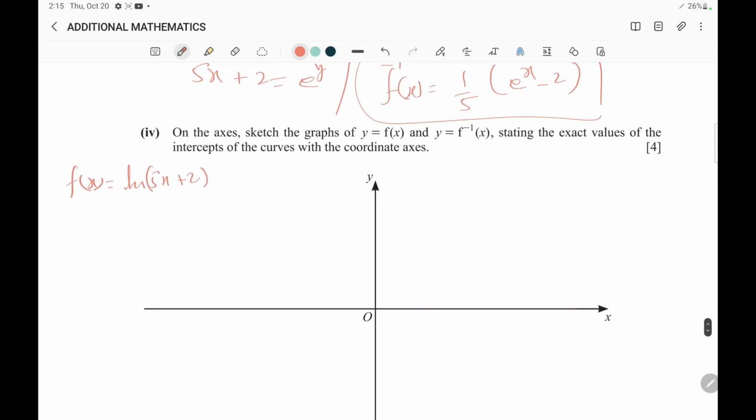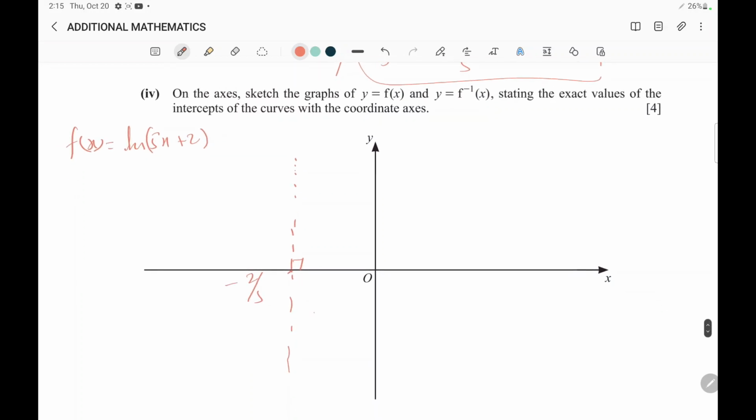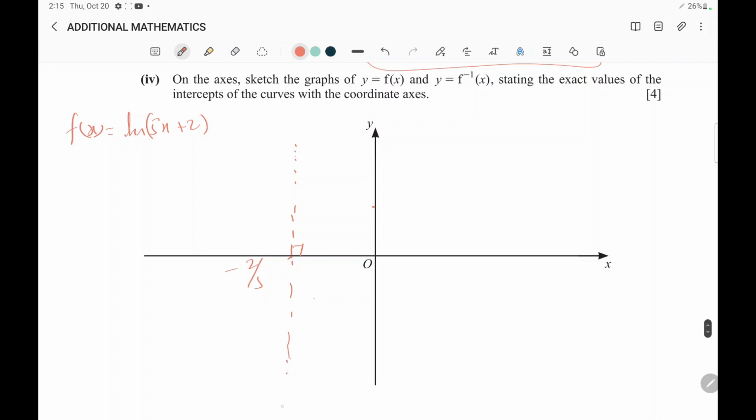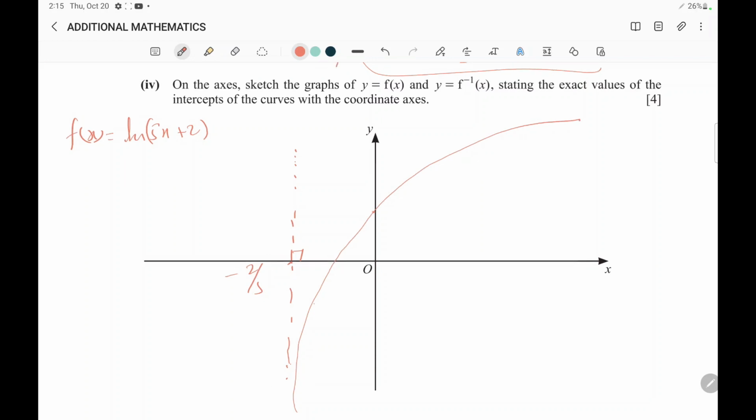So minus 2 by 5 is this line. And this time log will be in this part as well. If you put x equals 0, you will get ln 2, and ln 2 is always a positive number. So our answer will be something like this. Okay guys, so this is my f(x).